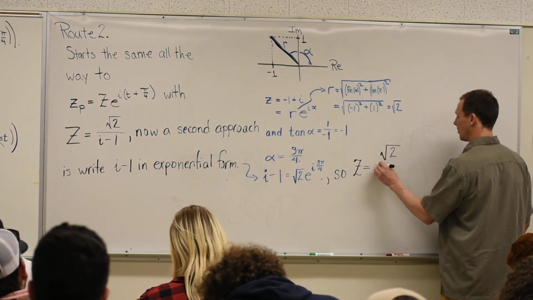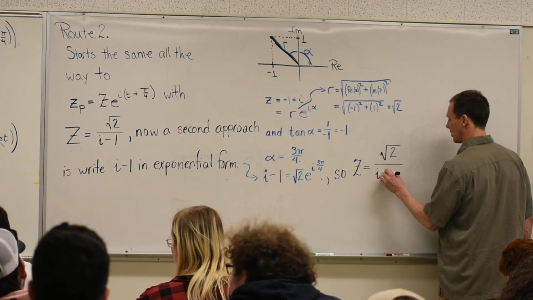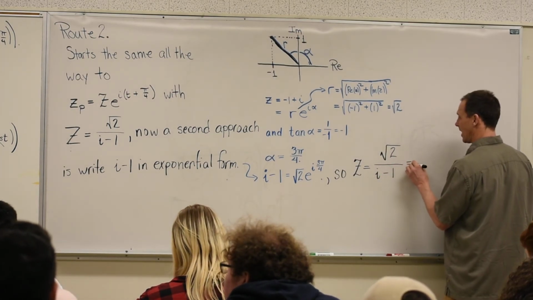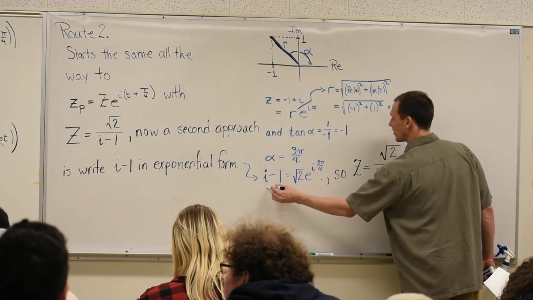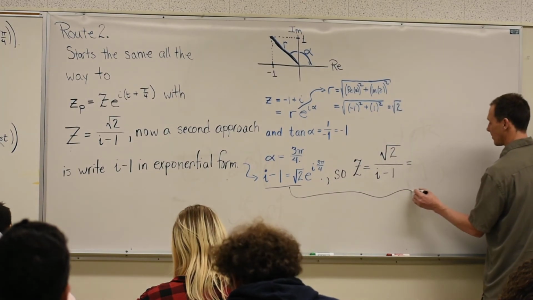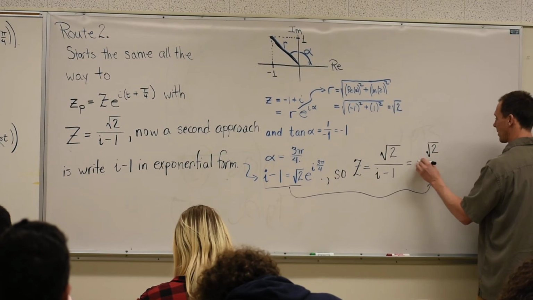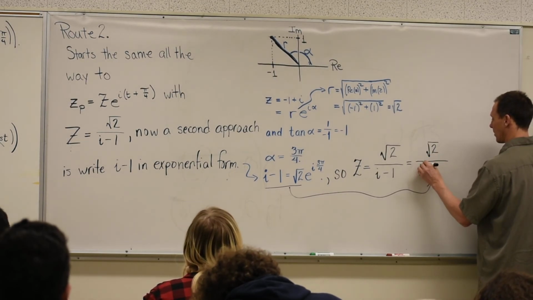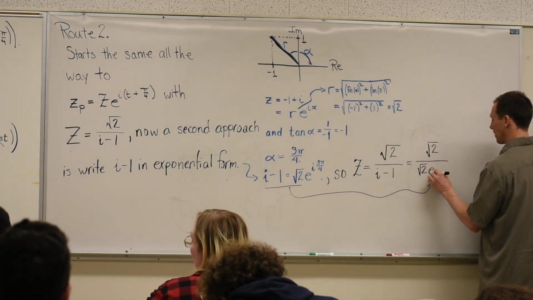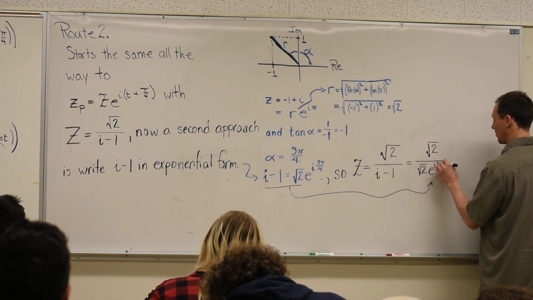It was originally i minus 1, but now these are equal here: square root of 2 e to the i 3 pi over 4.